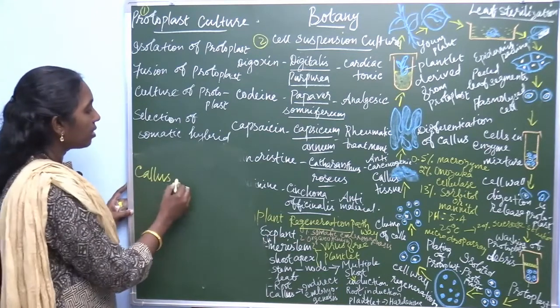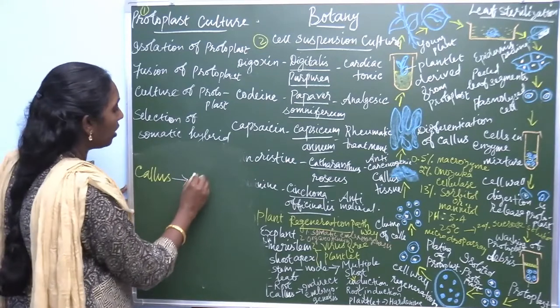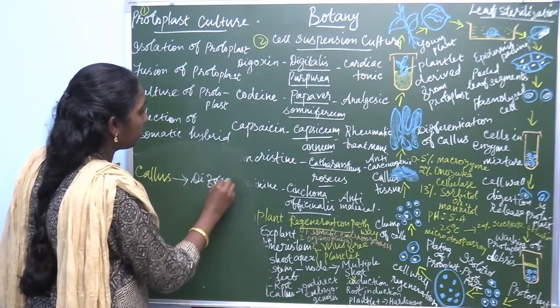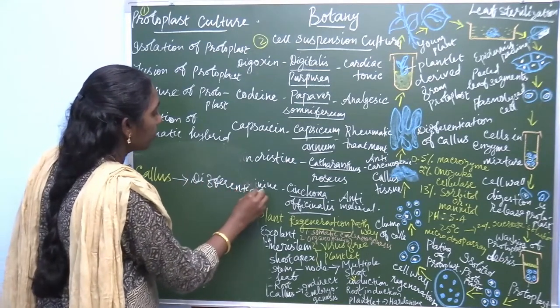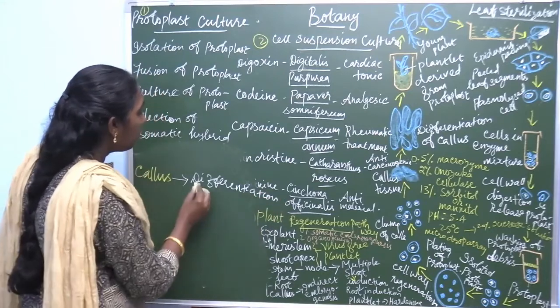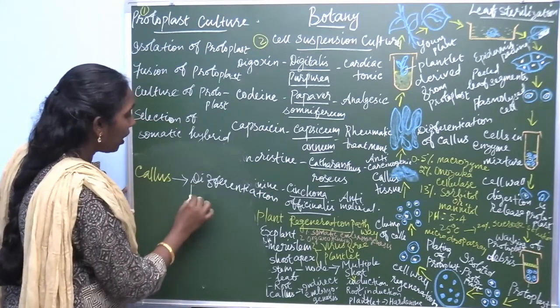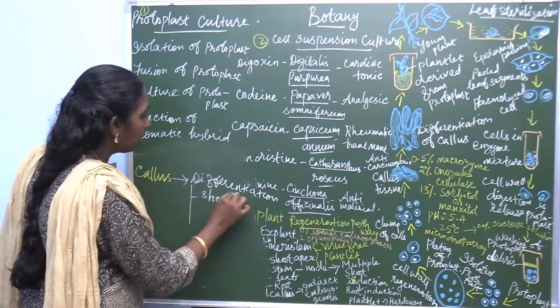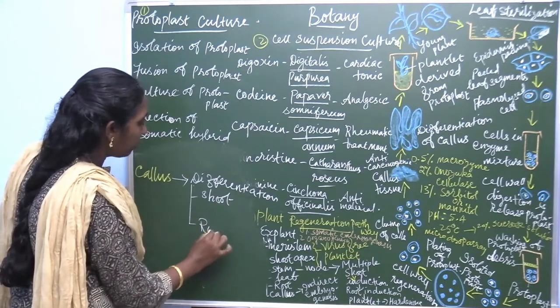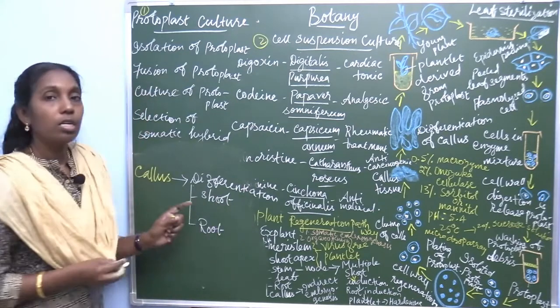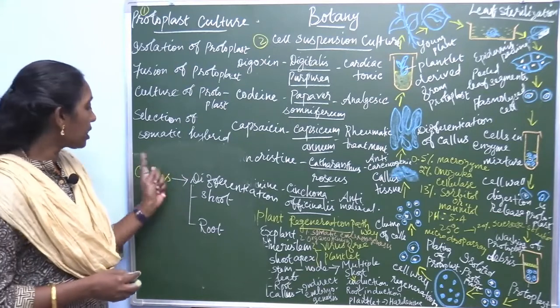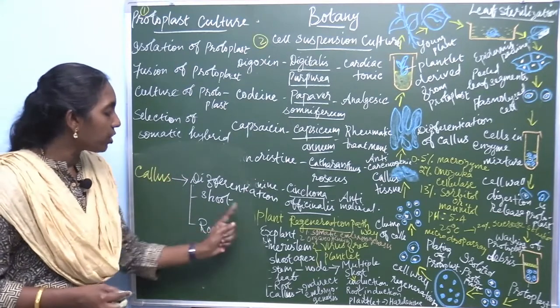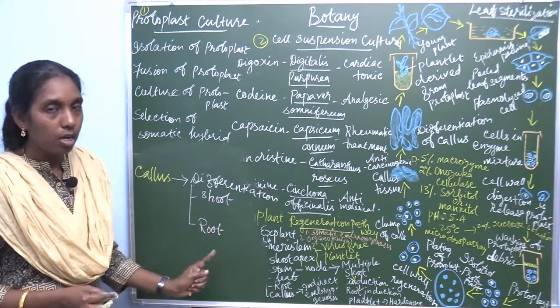From the callus, the differentiation. It may be differentiated into either shoot or root. So organogenesis is the formation of this callus, and from the callus, it differentiates into either shoot or root.